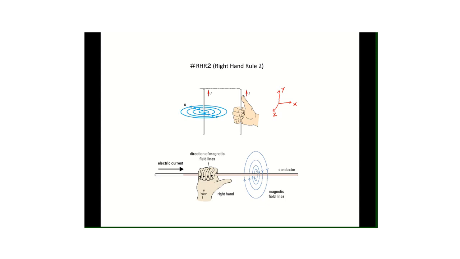By wrapping your four other fingers around the wire so that your thumb points in the direction of current, you can find the direction of the magnetic field. If we draw it, the magnetic field is like the blue line here, a circular line, and the direction is counterclockwise.